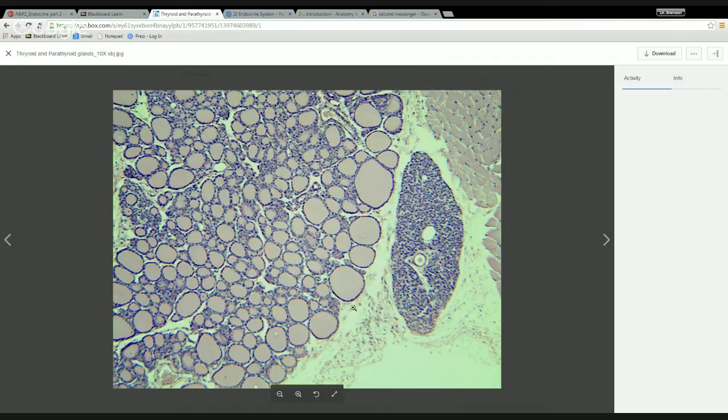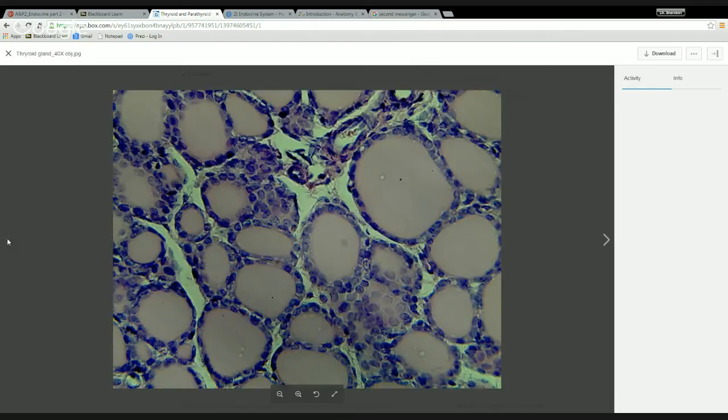But we see a bunch of nuclei surrounding these things, which is even more obvious when we go to the 40x objective view. Okay, so there's this big lipid space here, and then these are nuclei of cells that are surrounding it. Okay. So from afar, it really does look like adipose tissue, but when you get up close, it's very different because of the relationship of the cells to the lipid sections.